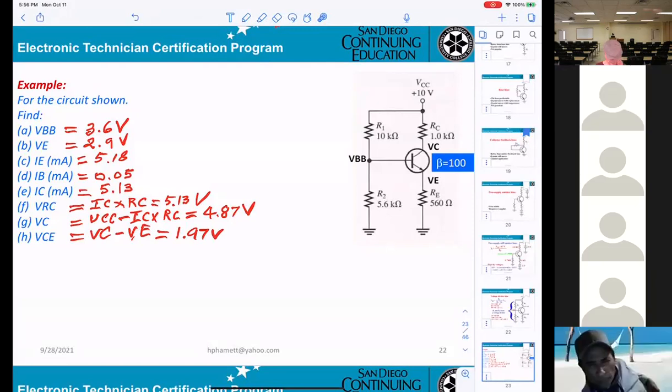Can you explain how you got IE real quick? IE, yes. Basically, if you're looking here, VE right here, IE here. They connect to the root. So basically you just take VE divided by RE. That's how we calculate IE.